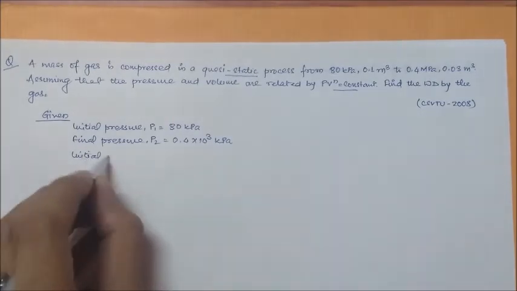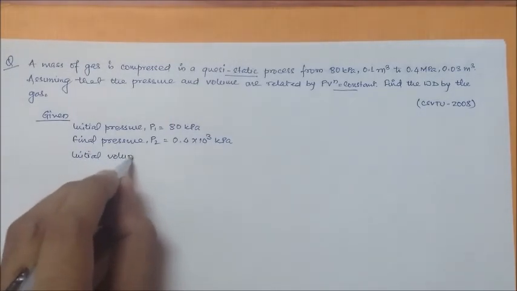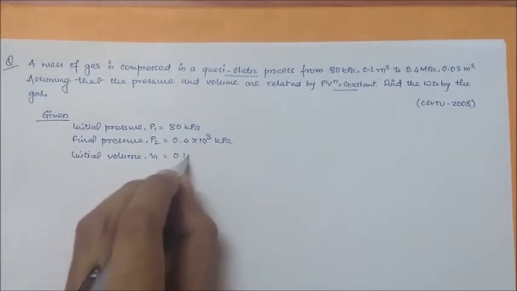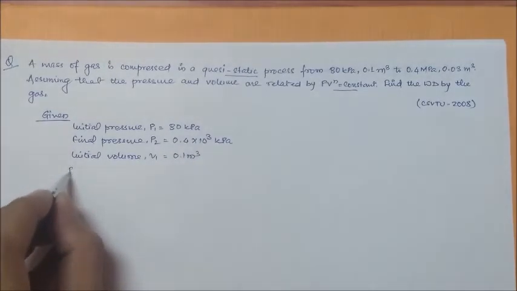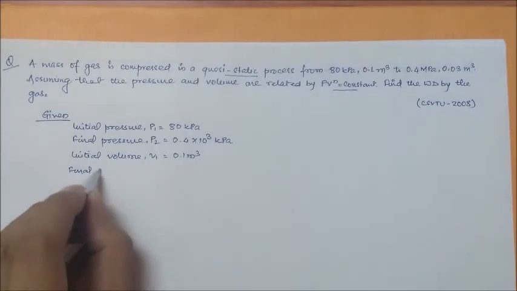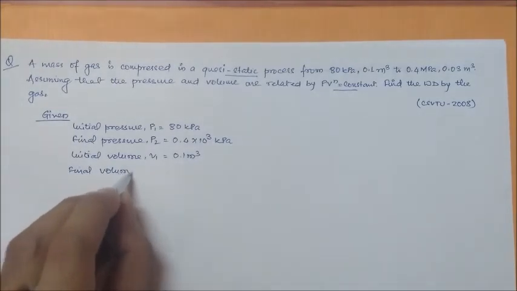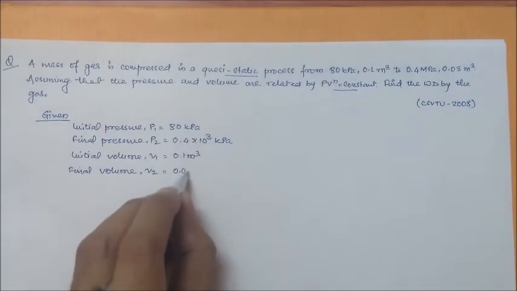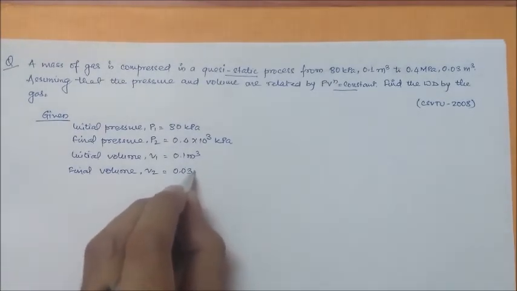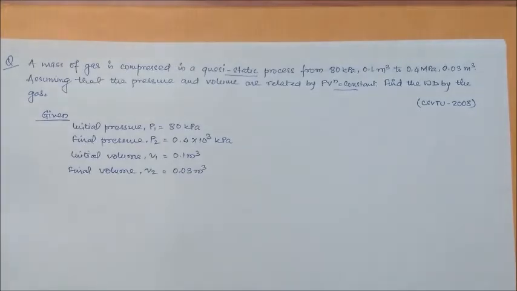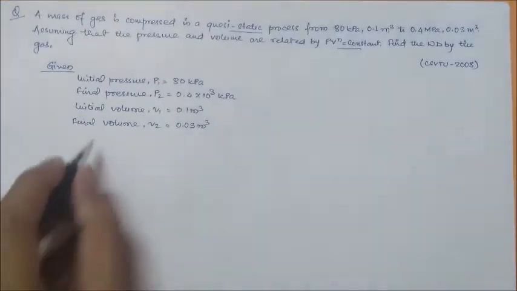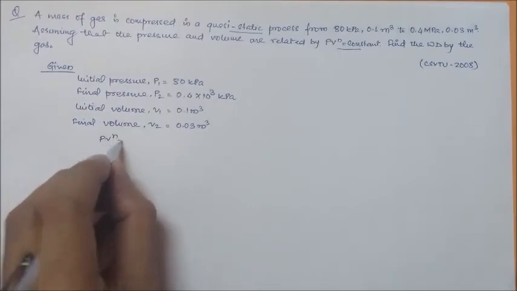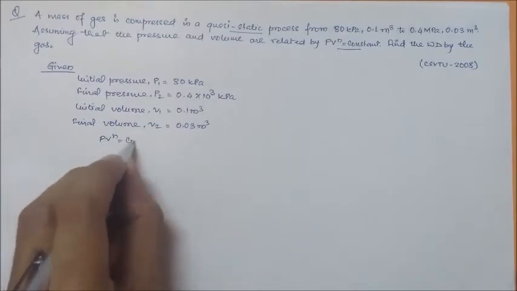Initial volume is also given, V1 as 0.1 meter cube. Final volume V2 as 0.03 meter cube. And we also know that the law is governed by PV to the power n is constant.